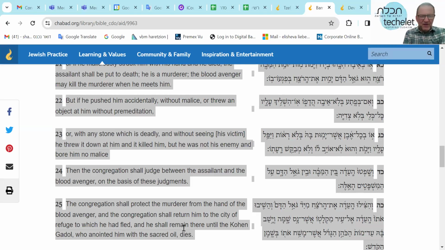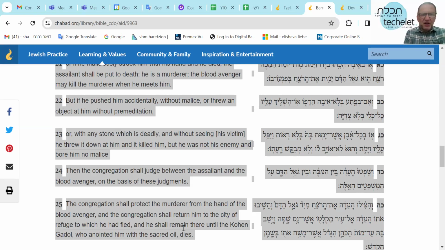Now then, the Torah's intention for the person who has to run away to the city of refuge is that eventually he should have the possibility, at least, of returning home. Because once the Kohen Gadol dies, he can leave.